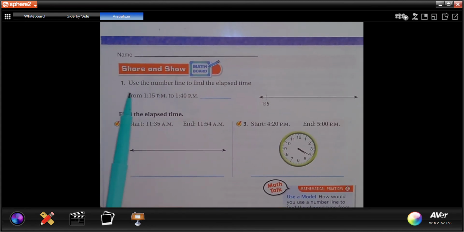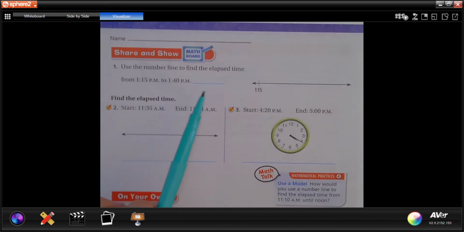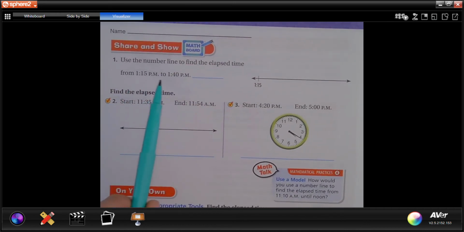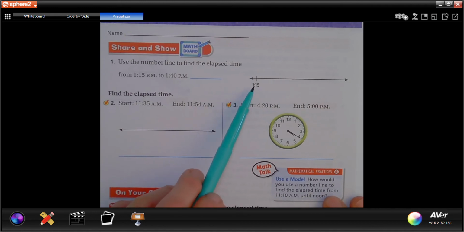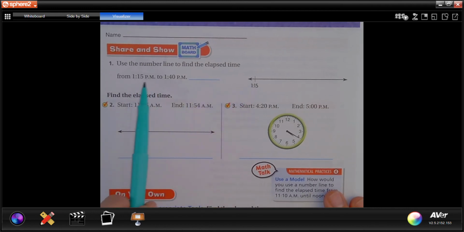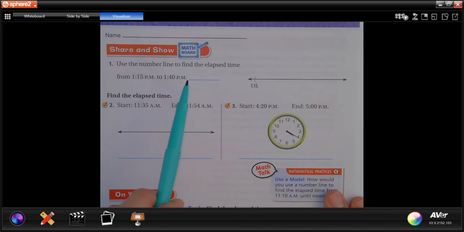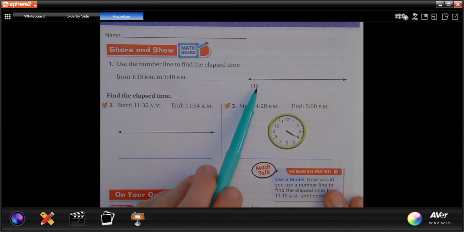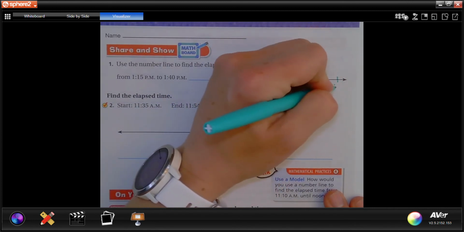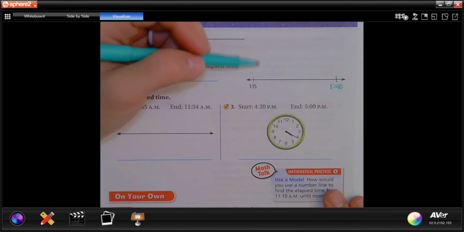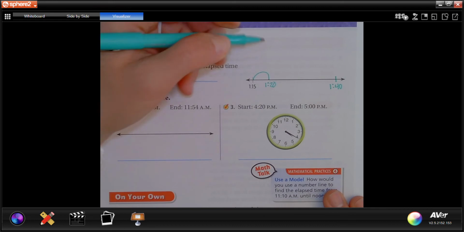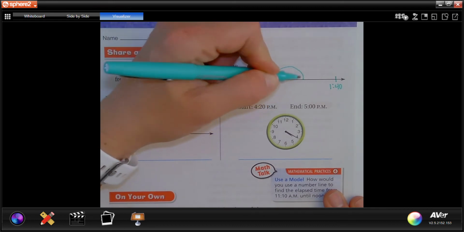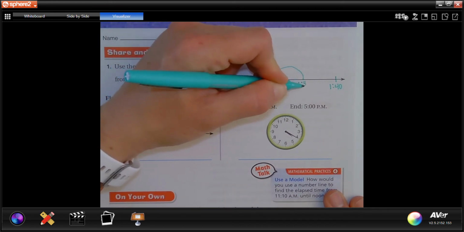Share and show. Use the number line to find the elapsed time from 10:15 to 10:40 p.m. All right, well, if we start, not 10:15, my apologies, 1:15 to 1:40. Okay, so we're going to start at 1:15 and we need to go to 1:40. Let's do 5 minutes first. That will get us to 1:20. We can do 10 minutes to get us to the half hour at 1:30.